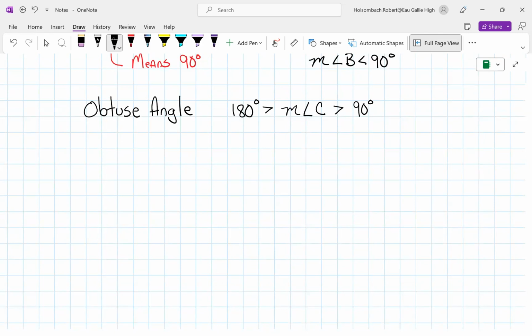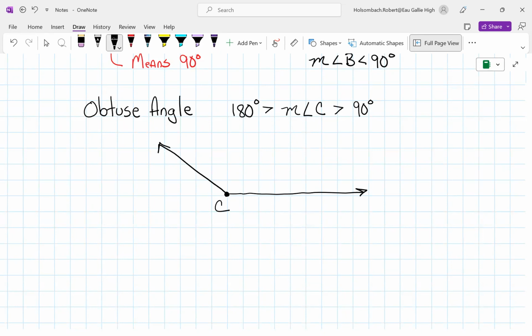And what that is saying is that the measure of an obtuse angle, if we call this angle C right here, is greater than 90 degrees, but less than 180 degrees.